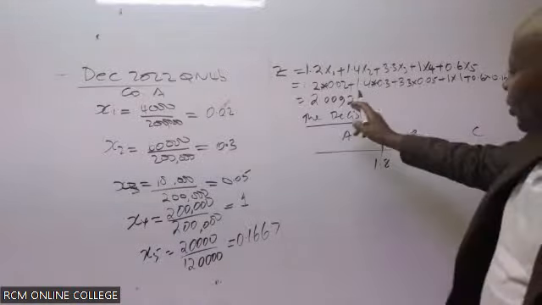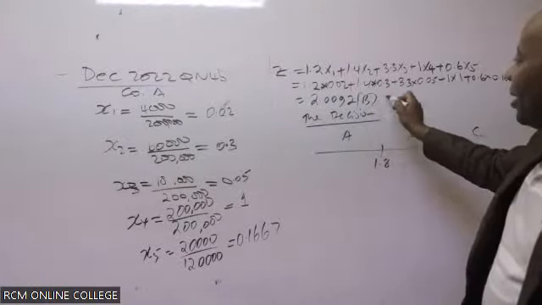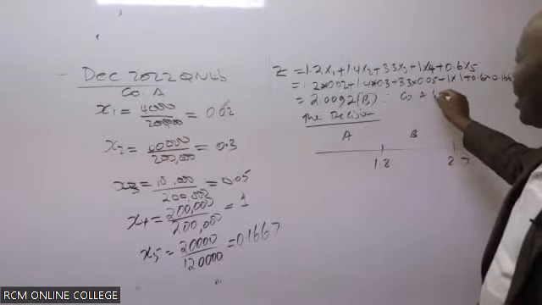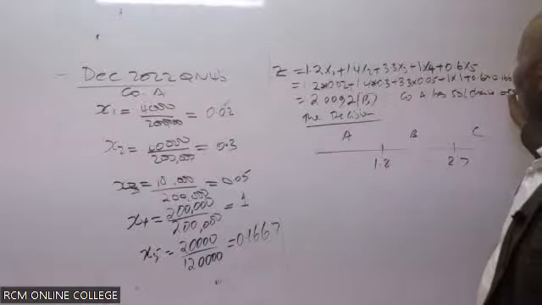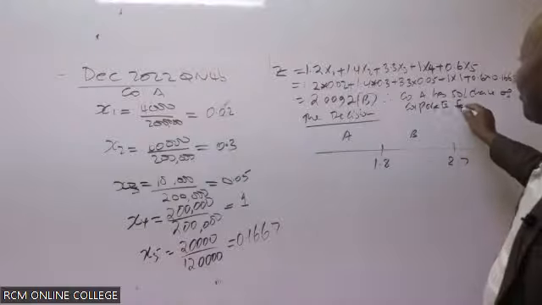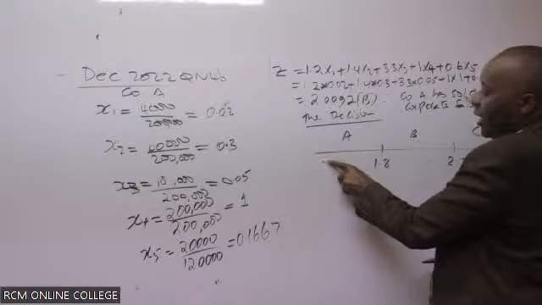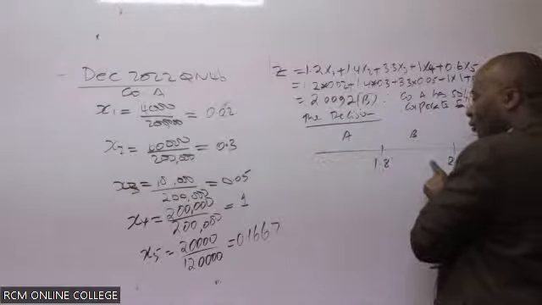Company A, 2.00 something, is at B. Therefore, company A has a 50% chance of corporate failure. Because you see here, it is failed 100%. This is a 50% chance of failure.